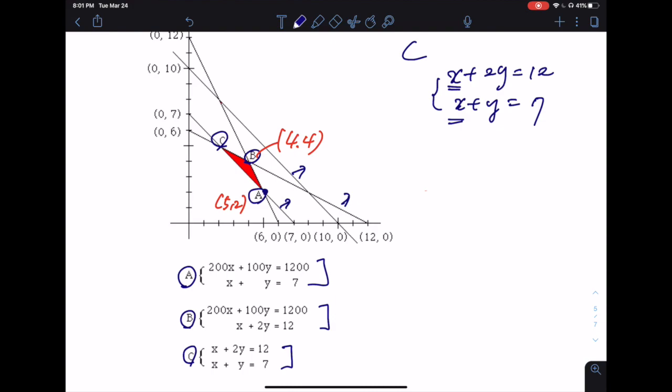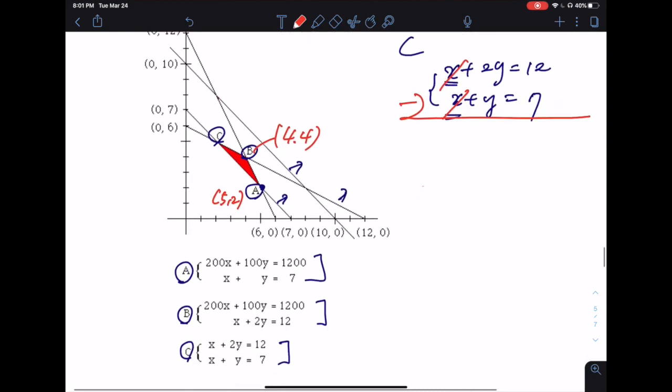Since the x term has the same coefficient, let's just subtract the two equations. Then x will be cancelled out, only y is left, and y equals 5. Since x plus y equals 7, we can easily get x equals 2. So C is (2, 5).